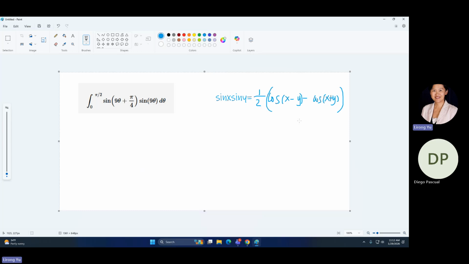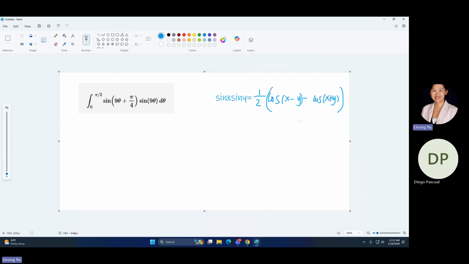So cosine of x minus y is cosine x cosine y plus sine x sine y. Now cosine of x plus y is cosine x cosine y minus sine x sine y. When you subtract these two, the multiplication of cosines cancels, so the sine x sine y remains. You get 2 sine x sine y, so that's why we have the one half. Anyway, that was the formula.